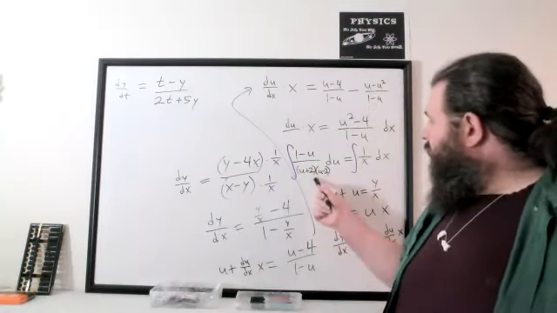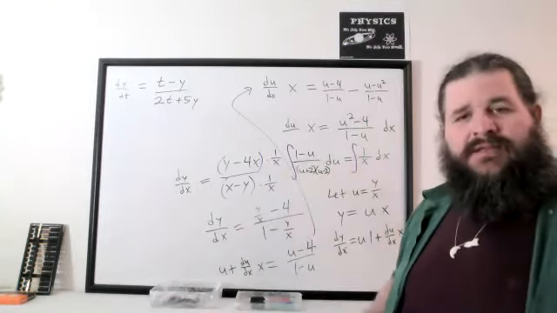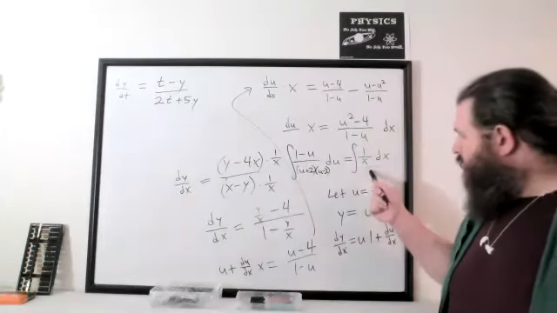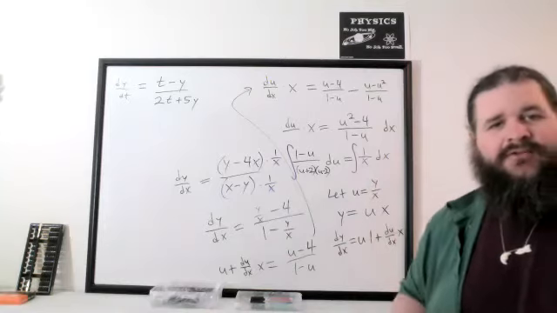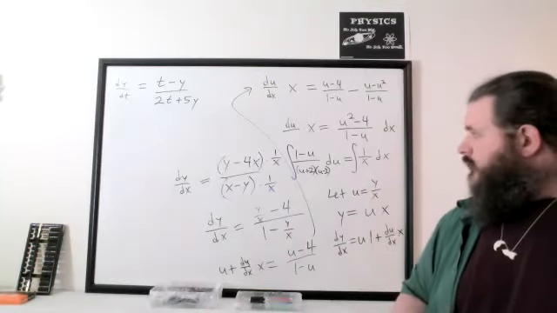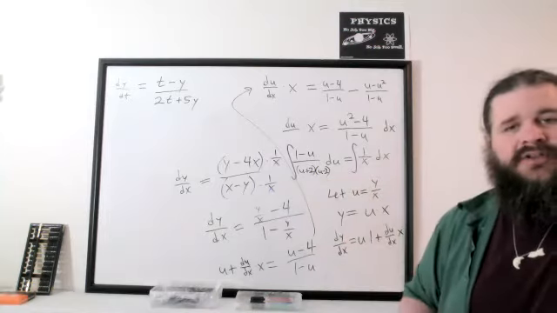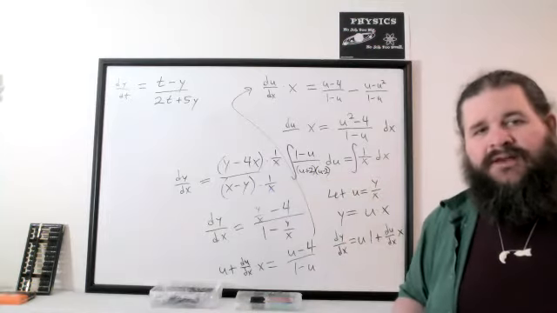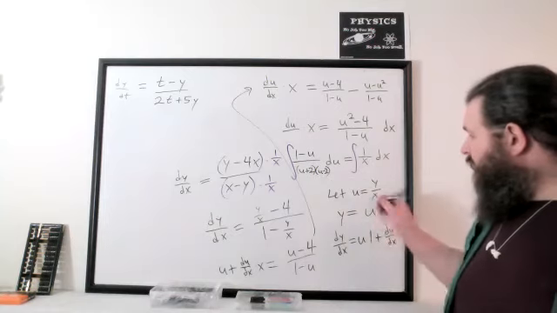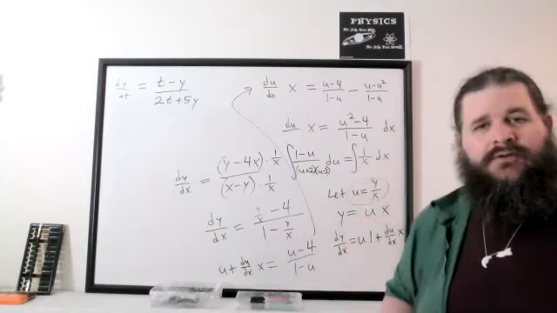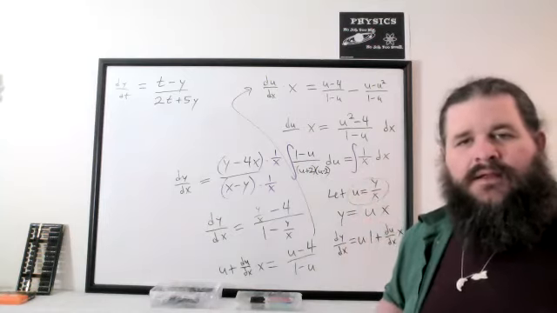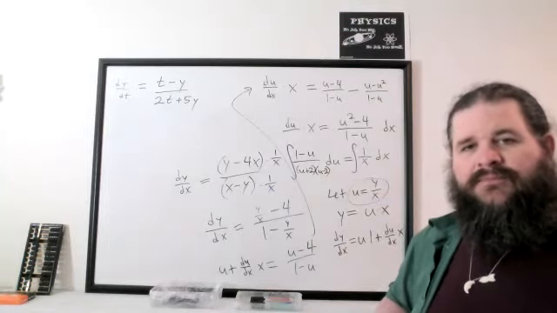So if we can split that up, then each one of those individually can be integrated. And the right side, integral of 1 over x, that's just going to be natural logarithm. So we should be able to split this up into partial fractions, integrate each one of those individually. And once we've finished all the integrals, then we can make this substitution again, replace every u with y over x. So this should be possible.